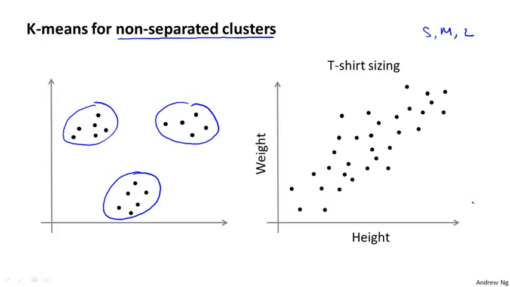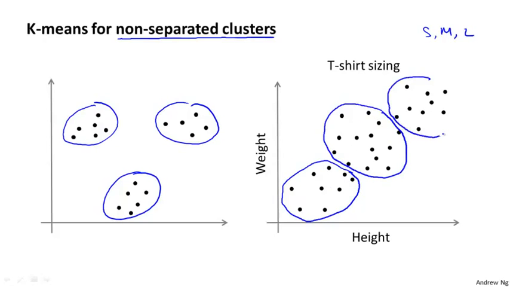One way to do this would be to run the k-means clustering algorithm on this data set that I have shown on the right. And maybe what k-means will do is group all of these points into one cluster, group all of these points into a second cluster, and group all of those points into a third cluster. So even though beforehand it didn't seem like we had three well-separated clusters, k-means will separate out the data into multiple clusters for you.